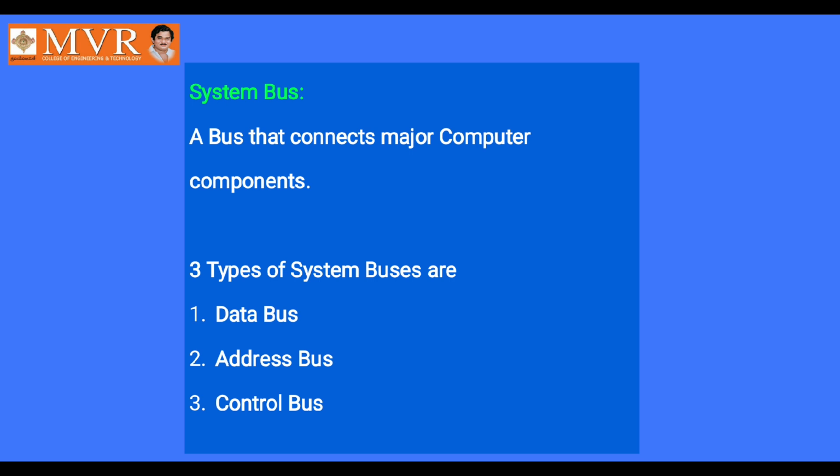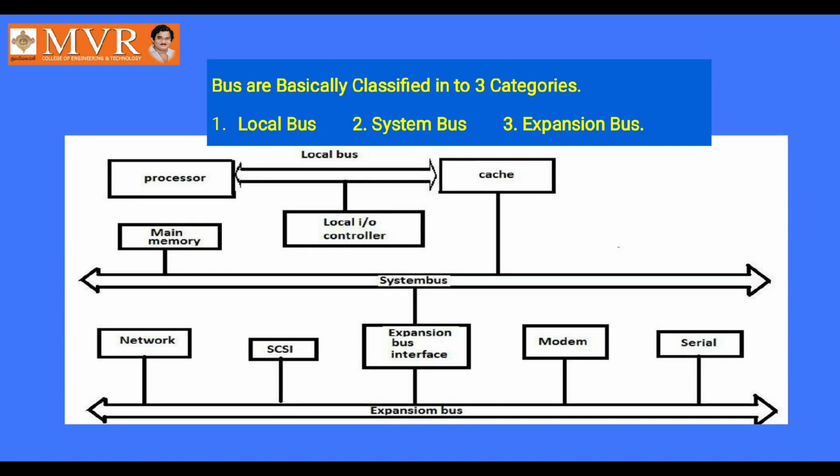You can define a system bus as a bus that connects major computer components like processor, memory, and input output devices. You can see in the diagram, it is connected with the main memory, also sends the data to the cache memory. Through cache memory, it also sends the data to the processor and also to various input output devices.